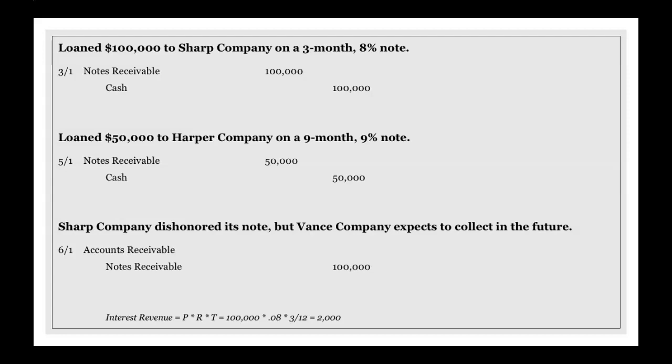It doesn't matter that this is just a 3-month note. Then we multiply it by the amount of months over 12 that have passed, right? So there's been 3 months that have gone by, so we multiply it by 3 over 12. So we find that our interest revenue is this $2,000. So our accounts receivable will be debited for $102,000.